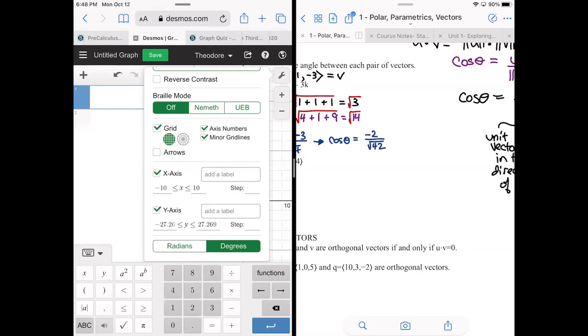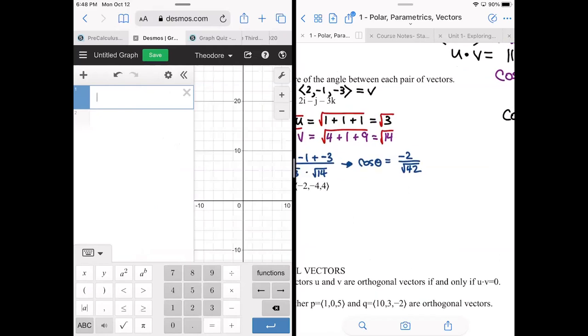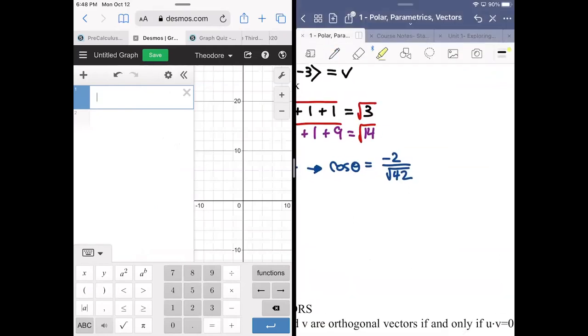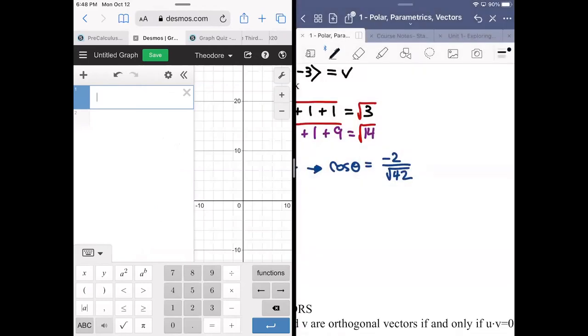All right, so I'm going for the inverse cosine. I'll make the little note here. So theta is equal to the inverse cosine, or arc cosine.